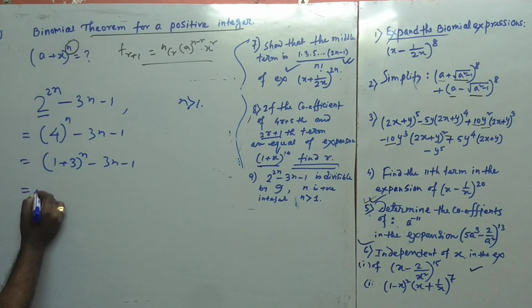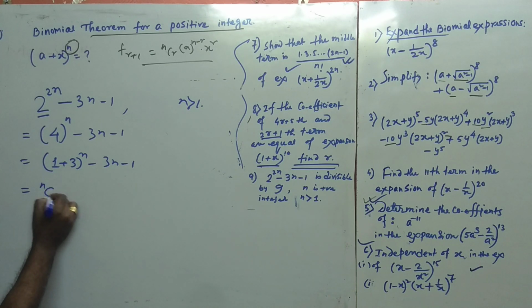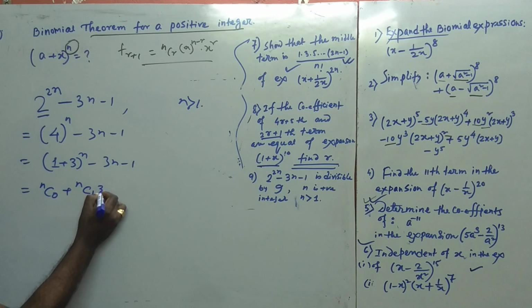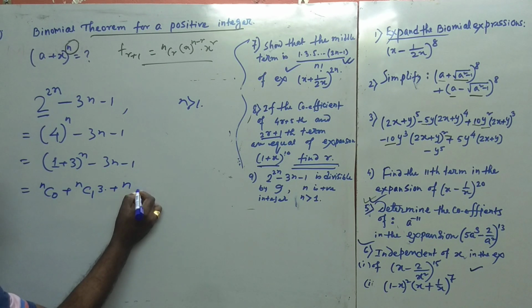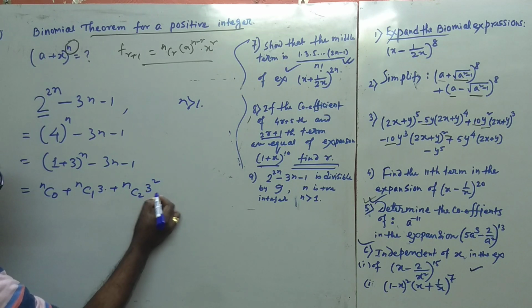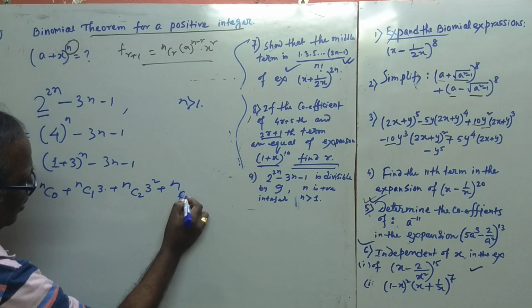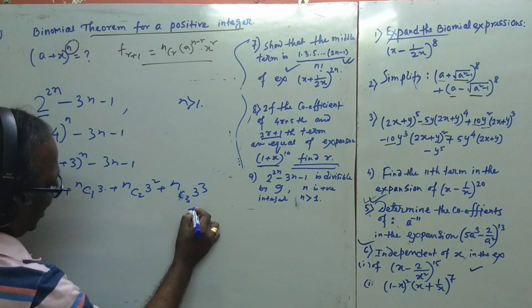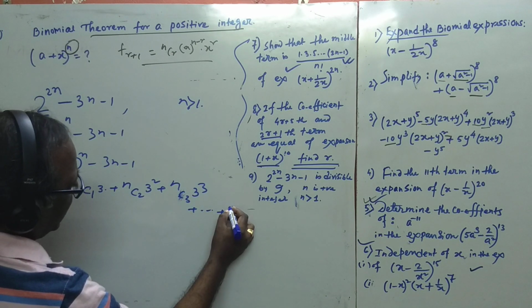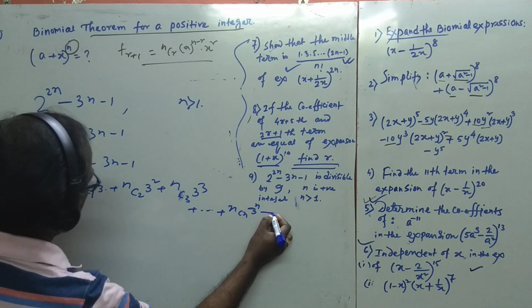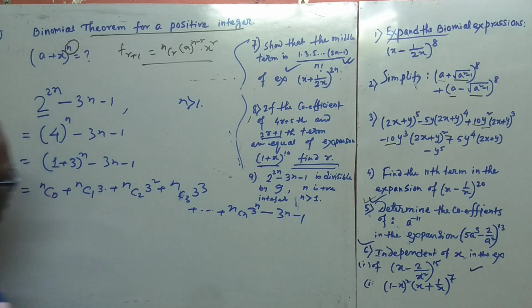And expand this by the binomial theorem. So that is nc0, nc1 into 3, nc2 into 3 to the power 2, nc3 into 3 to the power 3, and so on, ending with the term ncn 3 to the power n, minus 3n minus 1.